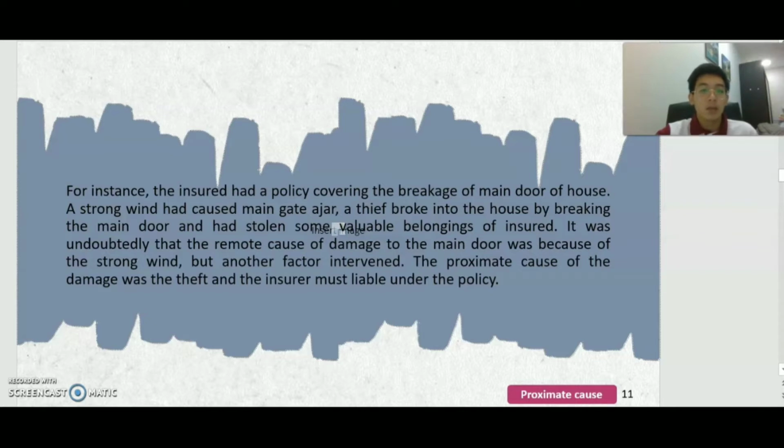It was undoubtedly the case that the remote cause of damage to the main door was the strong wind, but another factor, the thief breaking into the house, intervened. So the proximate cause of the damage was the theft, and the insurer must be liable under the policy.